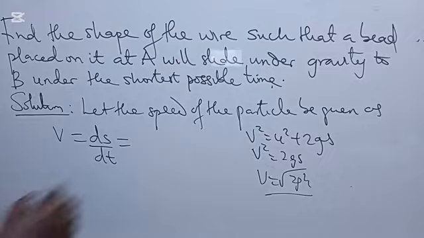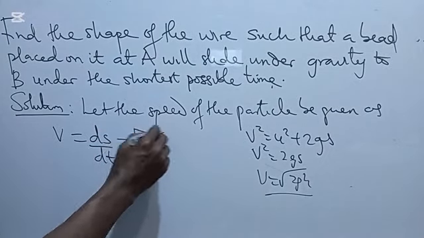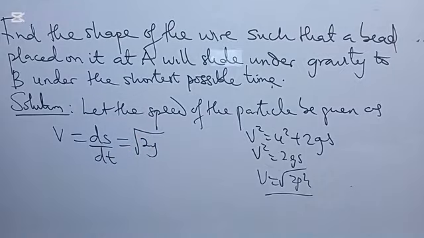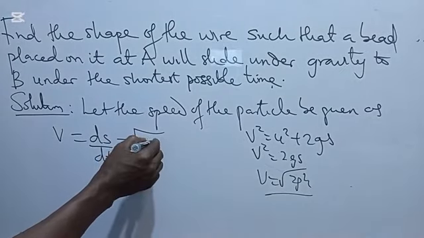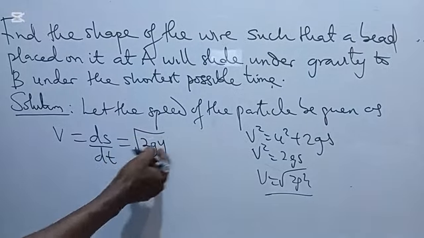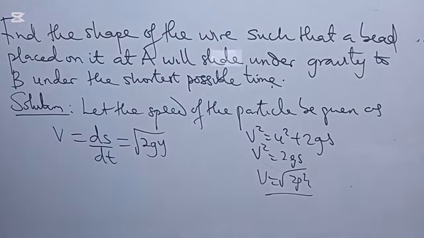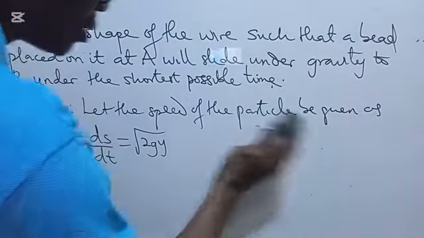So in this case, this can be the same thing as the square root of 2g y. Why? y is standing as the vertical height. I hope you understand. Fine. Okay? So far, so good.